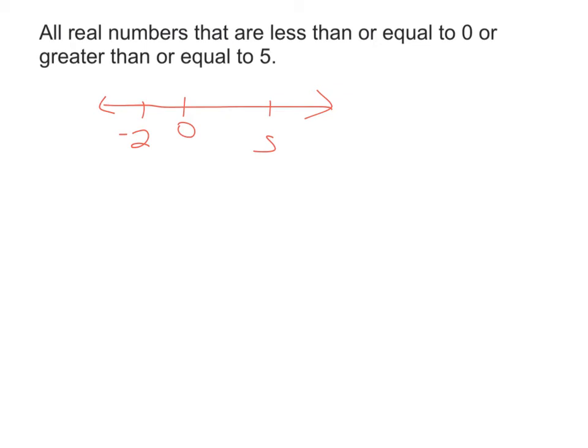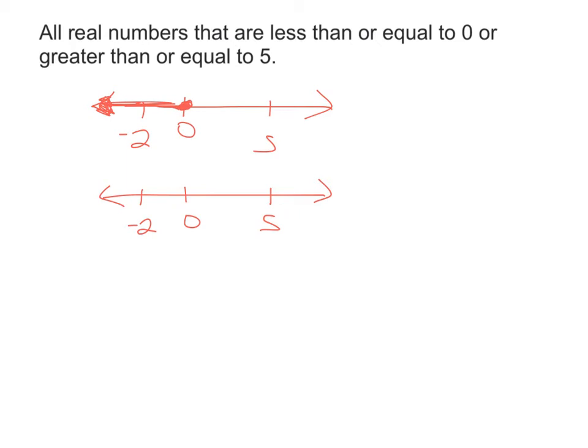We want to be less than or equal to 0. That is a closed circle, if we recall, because it's equal to. We go to the left since it's less than. The other part of our compound inequality says greater than or equal to 5.